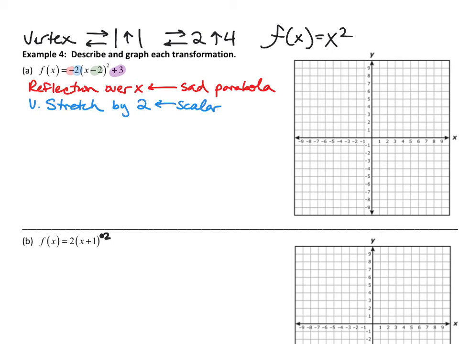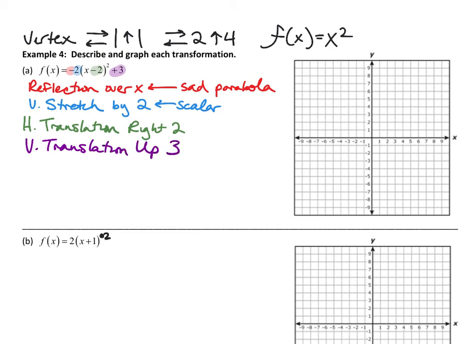If we subtract 2 on the inside, remember that's a horizontal translation 2 units to the right. And plus 3 at the end is a vertical translation up 3. Now my translations actually become my vertex.